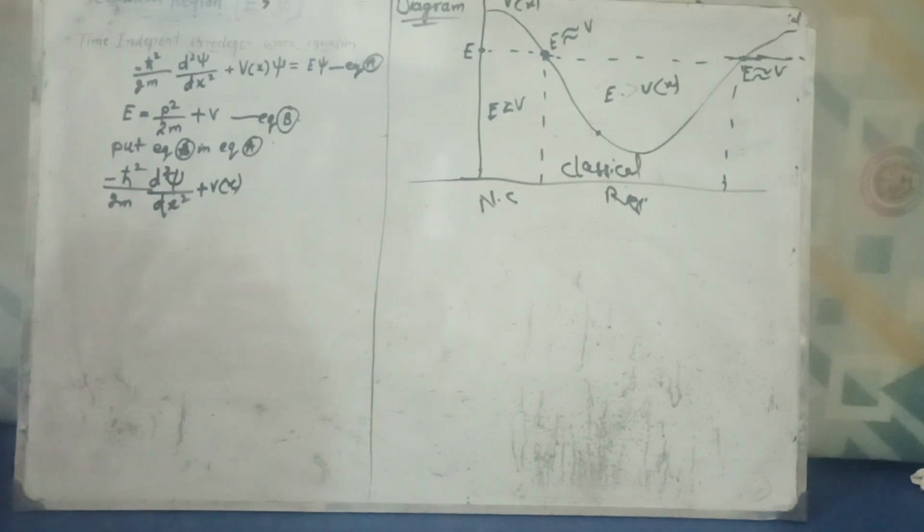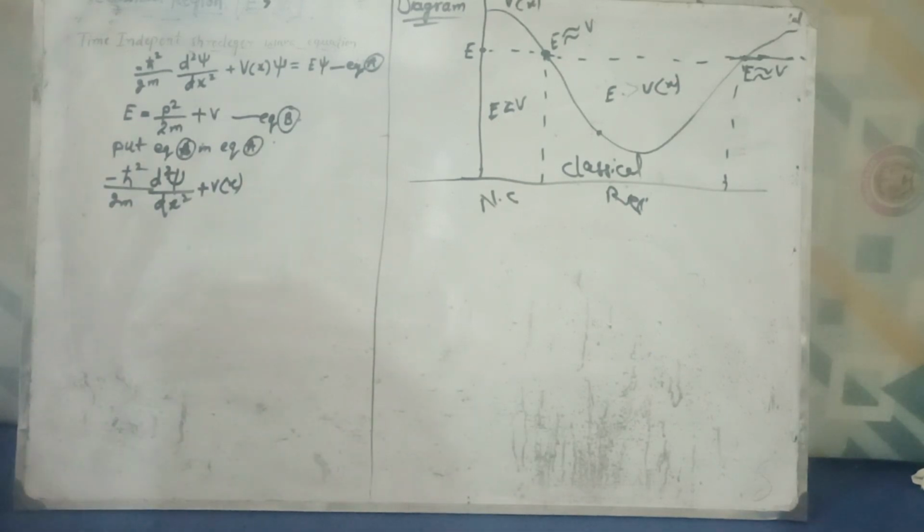And we introduced the wave function psi of x is equal to A exponential plus minus i kx, and the momentum k is equal to square root of 2m into (E minus V) divided by h cut. In this system, today we are going to calculate the classical region.